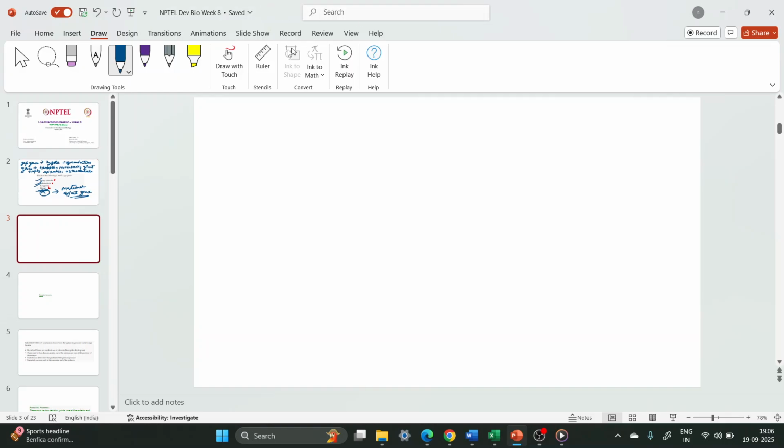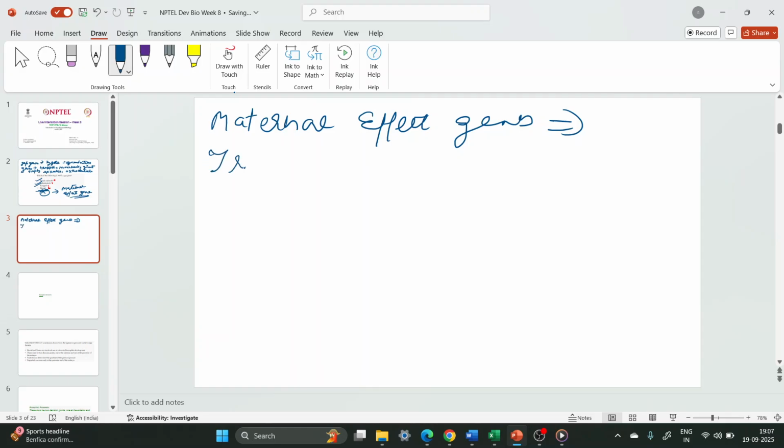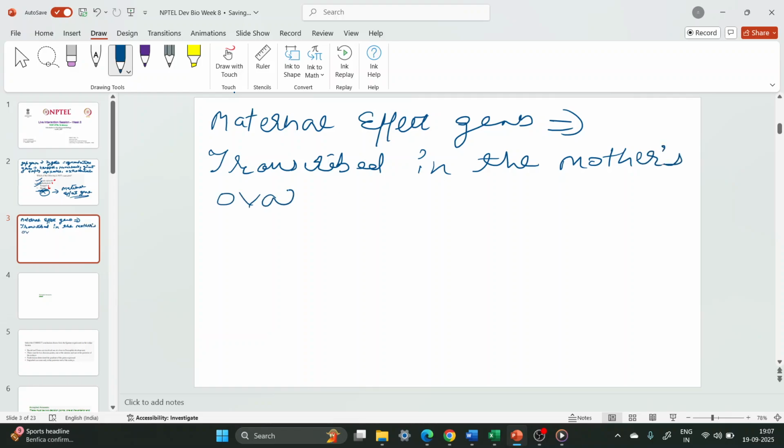So if we're talking about maternal effect genes, these are transcribed in the mother's ovary, and they act before fertilization.